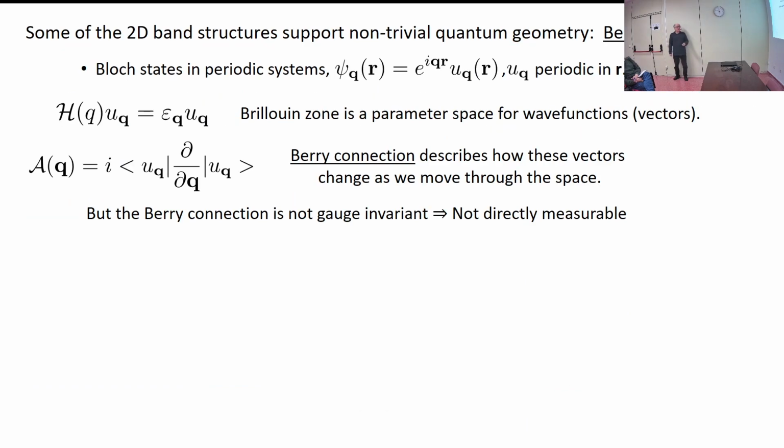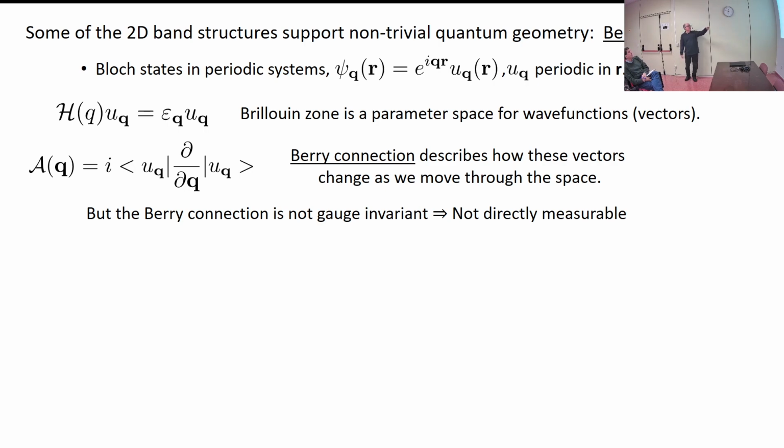I actually want to start with a very basic slide about Berry's curvatures because I want to be very clear about what we do that's different than what's usually done. Starting with the simplest systems, we can imagine some two-dimensional band structure and think about single particle electronic states in this setting. We learned back in graduate school or even as undergraduates about Bloch states.